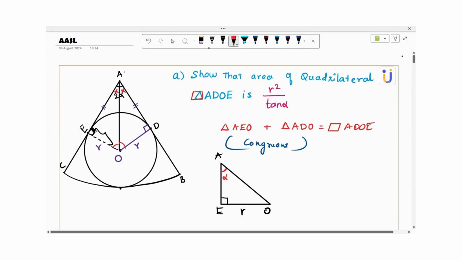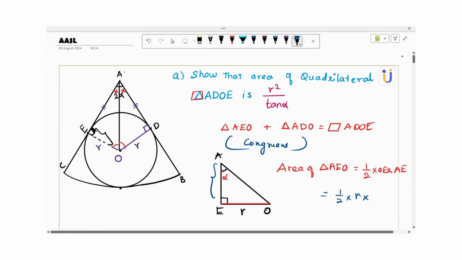Now, area of triangle AOE equals half into base into height. Let me take the base as OE times AE, this is a basic formula. So half into OE, which is R, times AE, which I don't know, but let's frame this.